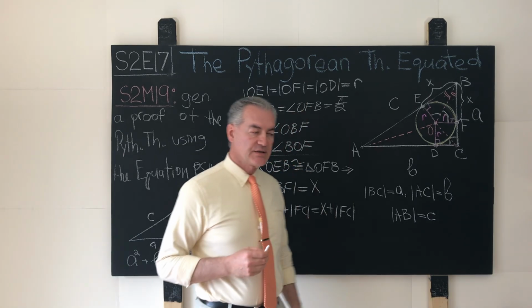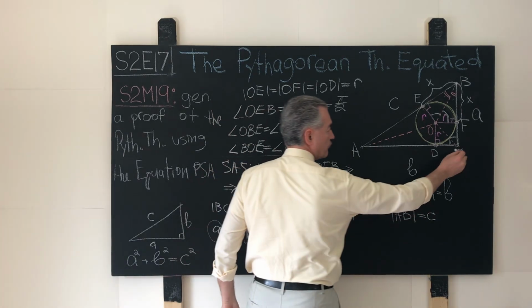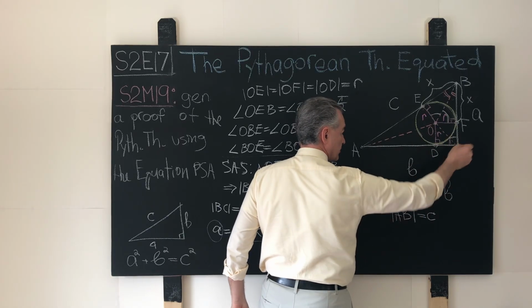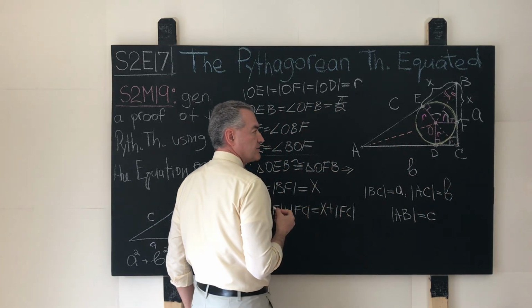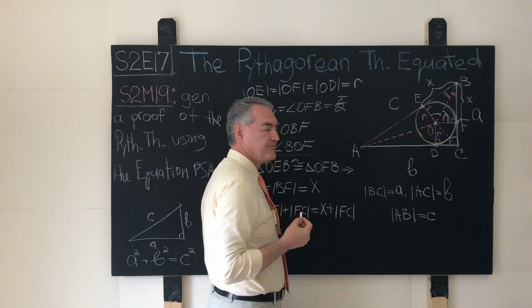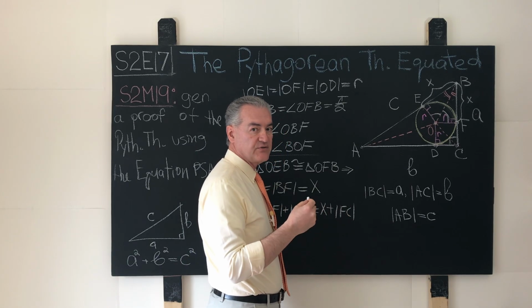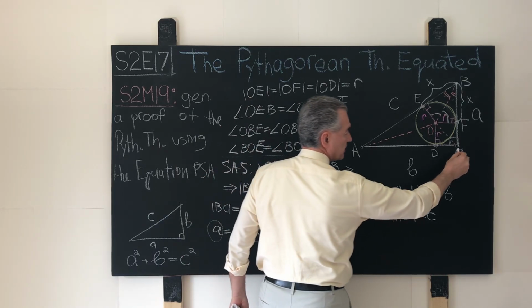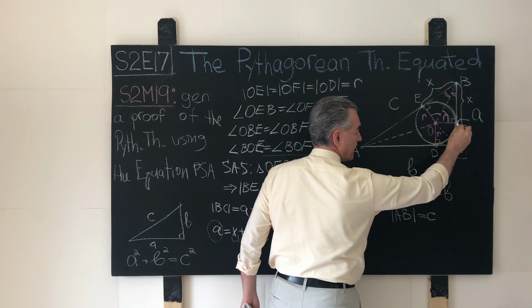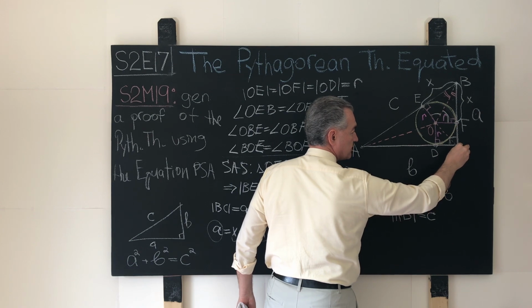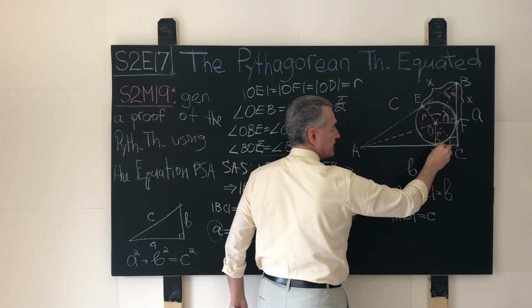In particular, let us now concentrate on the vertex C of the parent right triangle ACB, and in a manner very similar to the one that we discussed in the previous segment, we can show that the length of the line segment CF is the same as the length of the line segment CD.